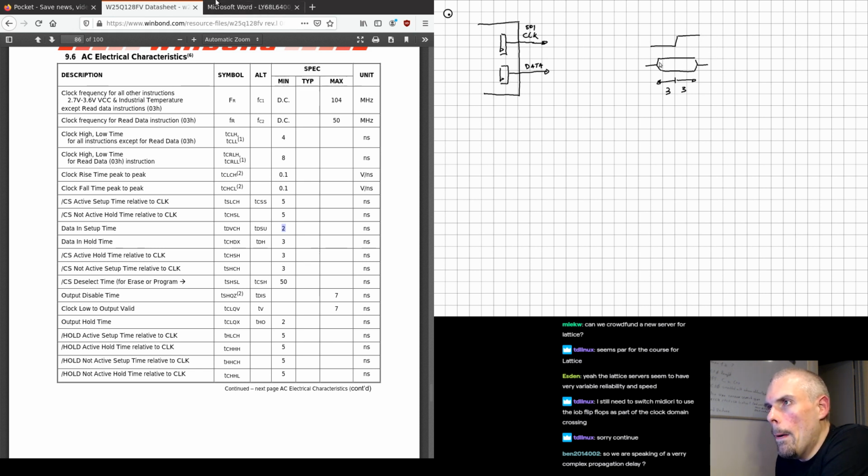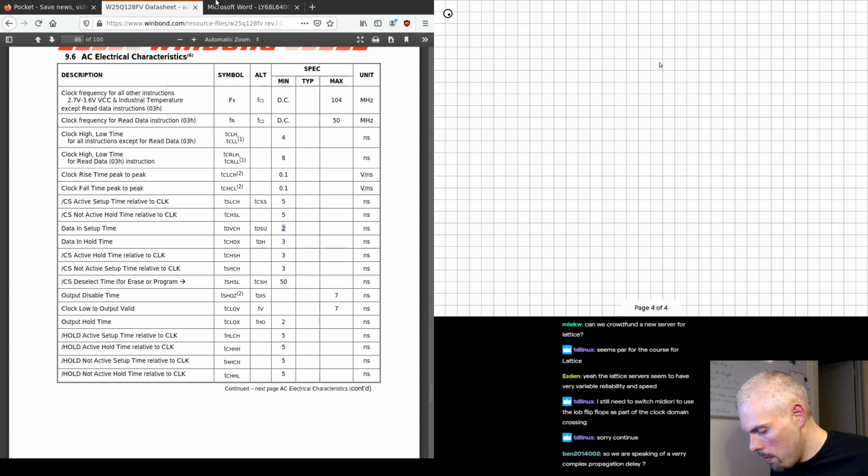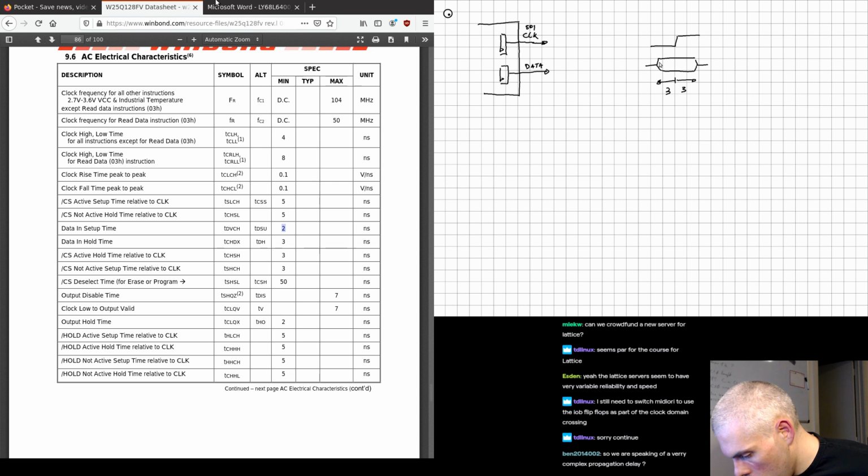And the way to do that is to use a DDR output for the clock. So I'm just going to draw the clock inside the FPGA. That's the clock, the master system clock of your system on chip or whatever, right?